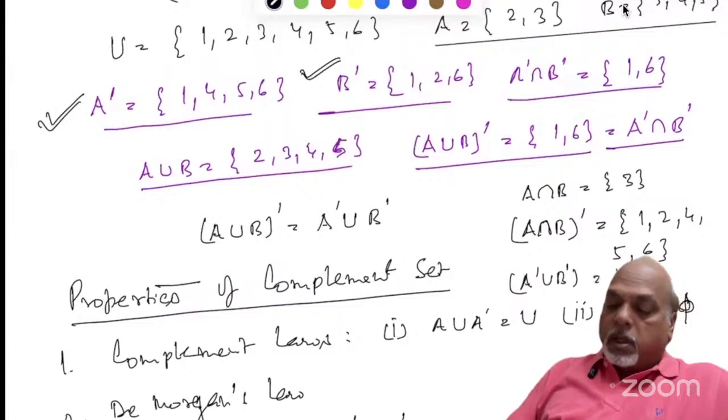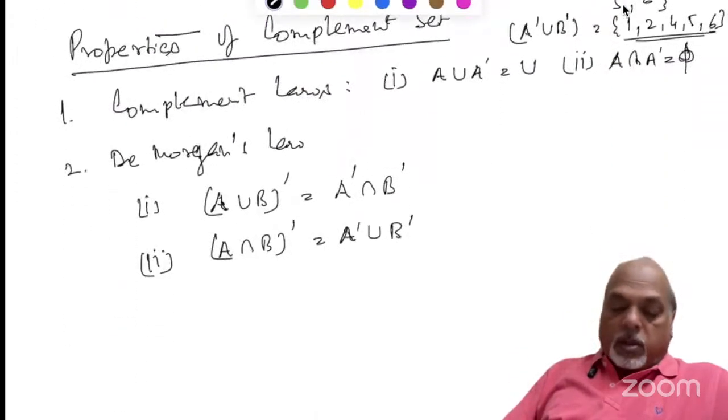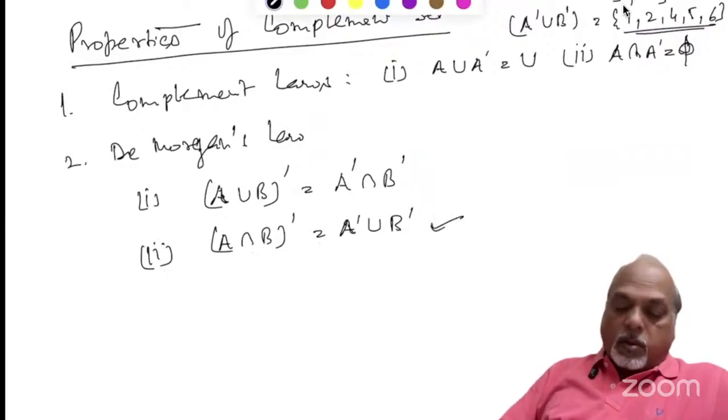If you see, we have A dash and B dash. Both are given. We can write it as 1, 2, 4, 5, 6. Correct. So that way, this is also proved.